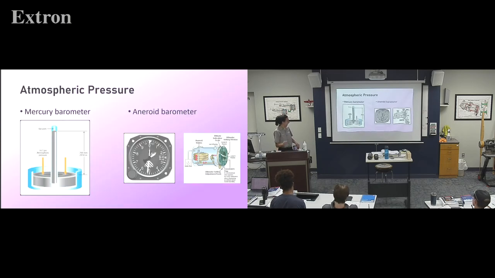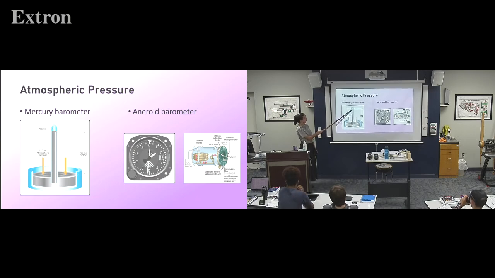And I had talked about a barometer where they filled a tube with mercury, dunked it in a bowl, and 14.7 psi pushing down on this mercury made it go up to 29.92 inches, which equals 760 millimeters. So that's why 29.92 inches of mercury height equals 14.7 psi.